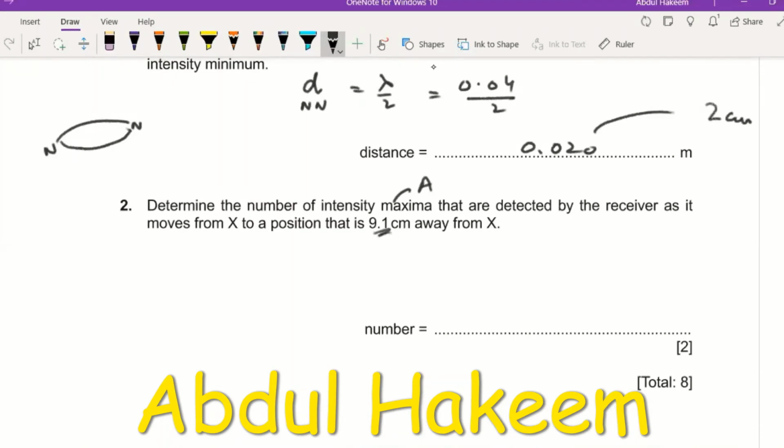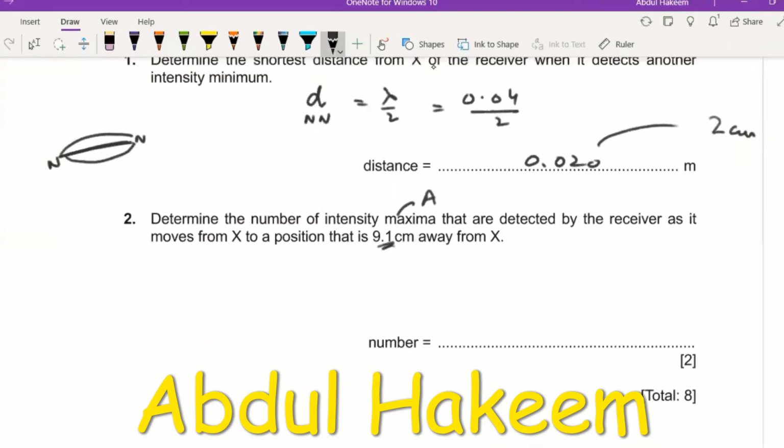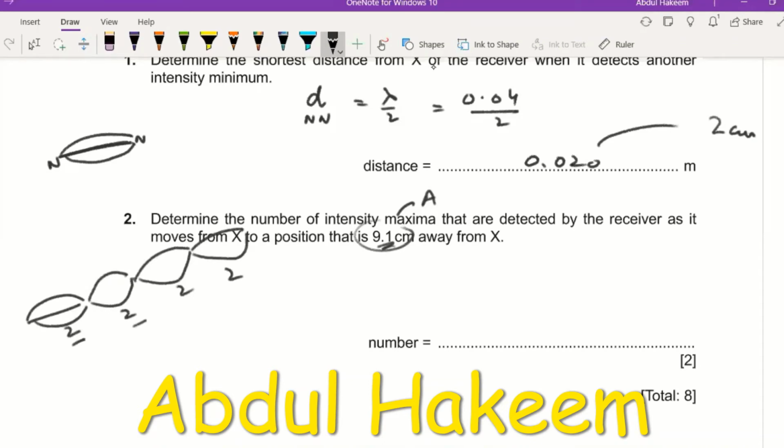And here the 9.1 centimeter, mean one loop has a length of 2 centimeter. So how many 2 centimeter will be in 9.1? Look, this is the first loop. This is second loop, third, fourth. 2 centimeter, 2, 2, 2. So 2 plus 2, 4, plus 6 plus 8.